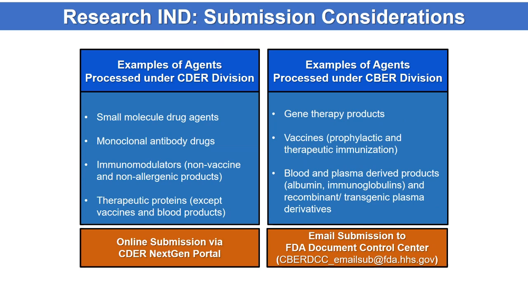The FDA receives email submissions directed to CBER at the CBER Document Control Center. Just to make you aware, these submission paths have currently replaced the classical paper submission route, which was in practice for a long time.